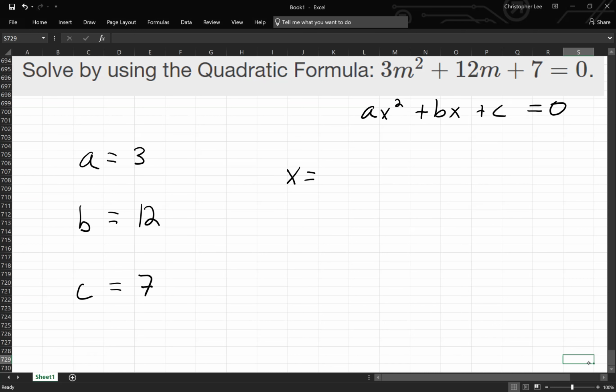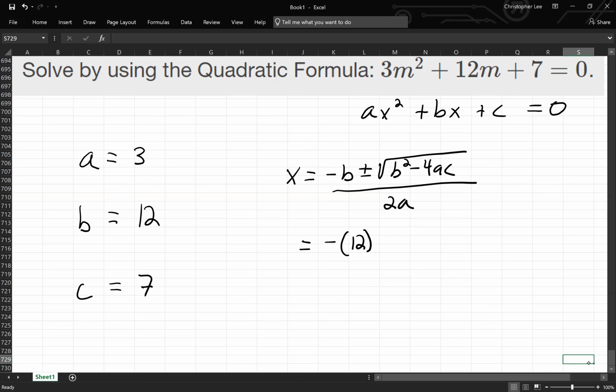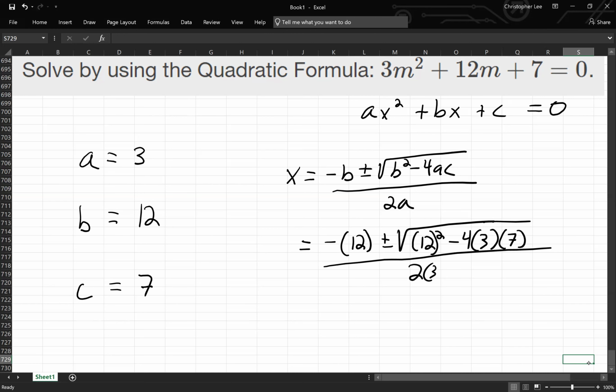Now we're just going to plop this into the formula. x is equal to negative b plus or minus the square root of b squared minus 4ac all divided by 2a. You guys have this formula already, so don't worry about trying to remember it. So we're going to have negative of 12 plus or minus the square root of 12 squared, minus 4 times a, which is 3, times c, which is 7, all divided by 2 times a, which is 3.